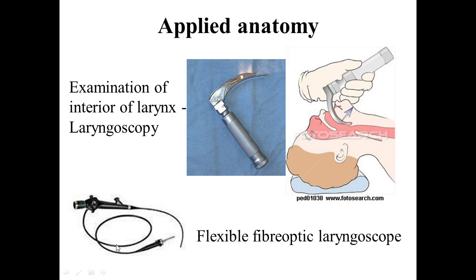And this flexible laryngoscope is introduced through the nose, and then the interior of the larynx can be examined. So you can see the laryngeal inlet, the vestibular folds, the vocal folds, the movements of vocal folds during inspiration, during phonation.